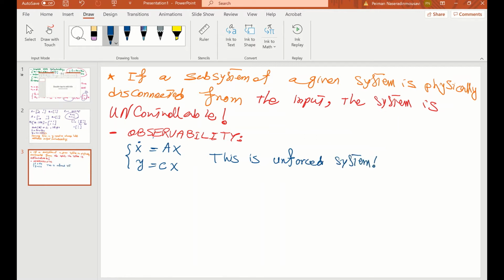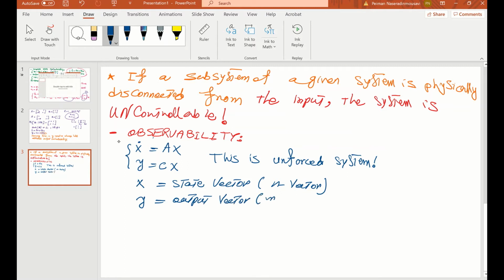Where X is a state vector, as you know, N vector. Y is the output vector, M vector.